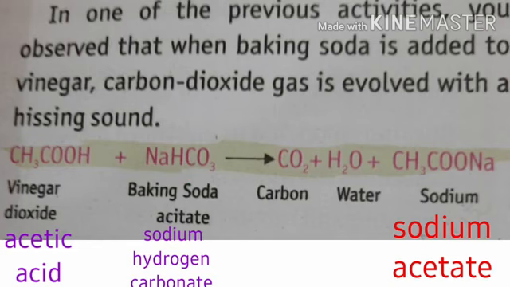When these react, they produce CO2 carbon dioxide plus H2O water plus CH3COONa sodium acetate. The carbon dioxide and water together produce the foam as well as the hissing sound.